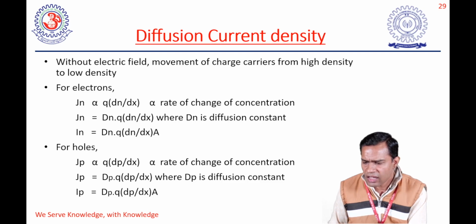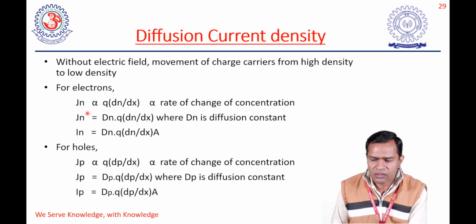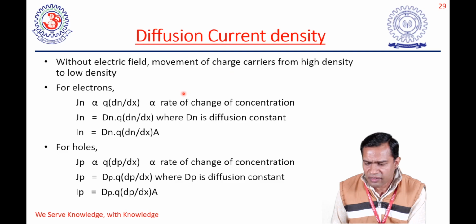Now these are some important equations when we talk about diffusion current density. Here capital Dn is the diffusion constant, n for electron, and here Dp is the diffusion constant for hole. For electrons, simply current density is proportional to the concentration gradient, as I already told. So for electron current density, dn upon dx, or for holes, dp upon dx.